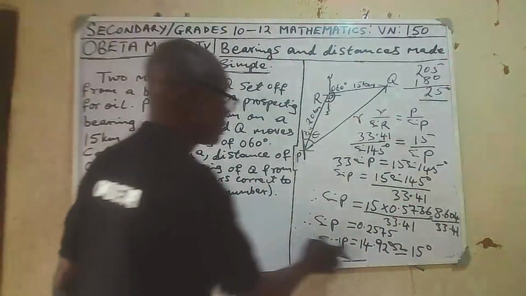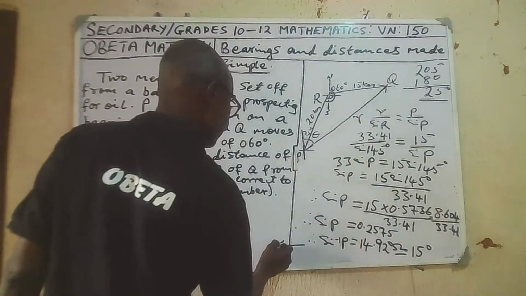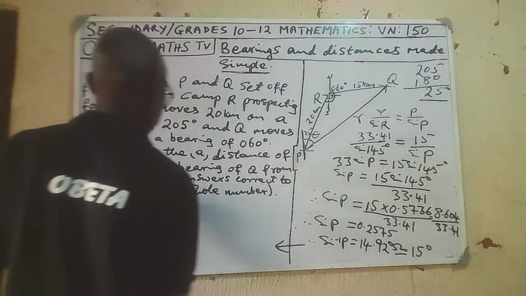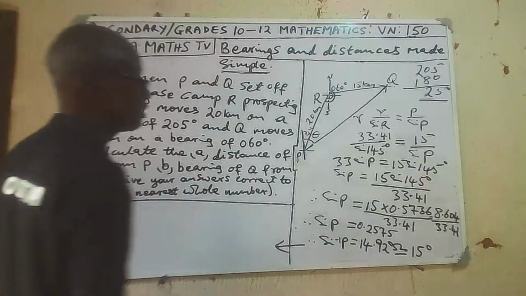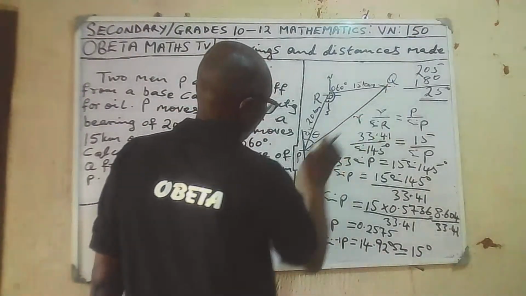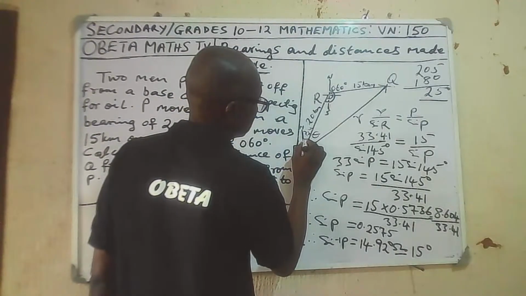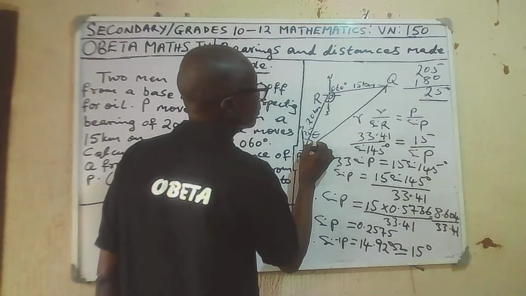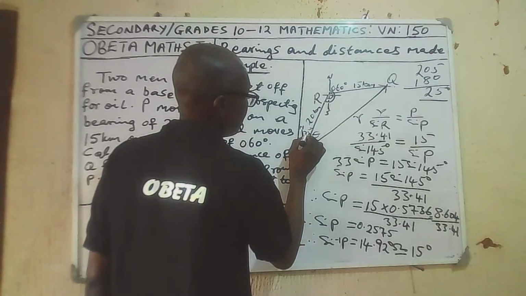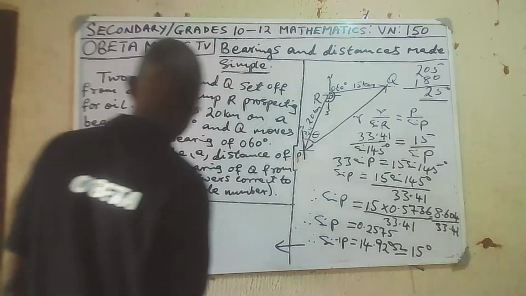Okay, but that is not the bearing. So coming back to this side, remember the bearing of Q from P is from this north to the line joining Q. So remember, this is 25. We have calculated this to be 15.